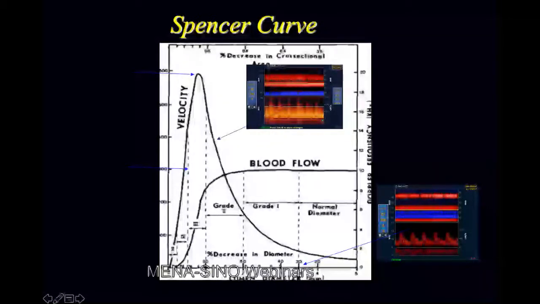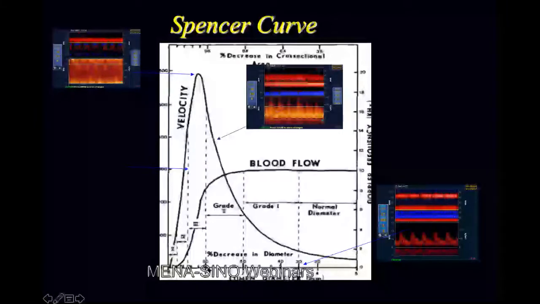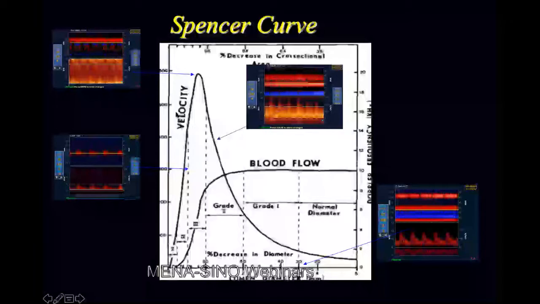Now, this is not the whole story. Once the lumen reaches a critical point of 1 millimeter or less, the velocity goes very, very high. So the curve between lumen diameter and velocity correlates very well: the lower the diameter of the lumen, the higher the velocity, until one point, which is the peak. After that, as the lumen drops, the velocity starts dropping.